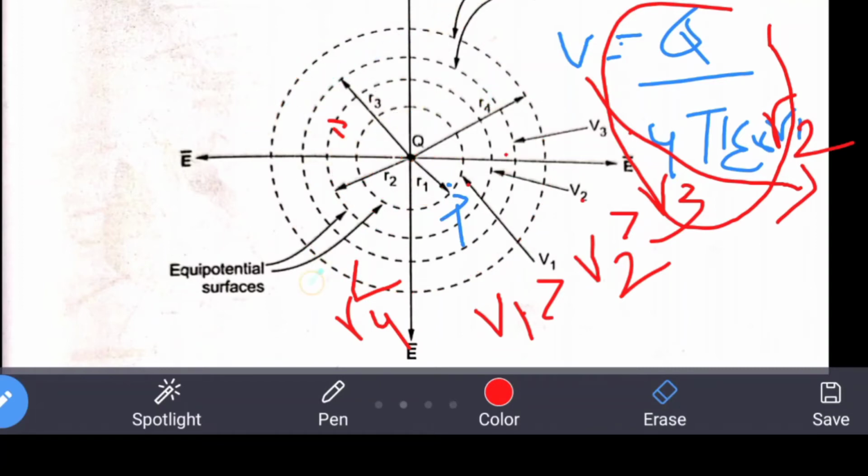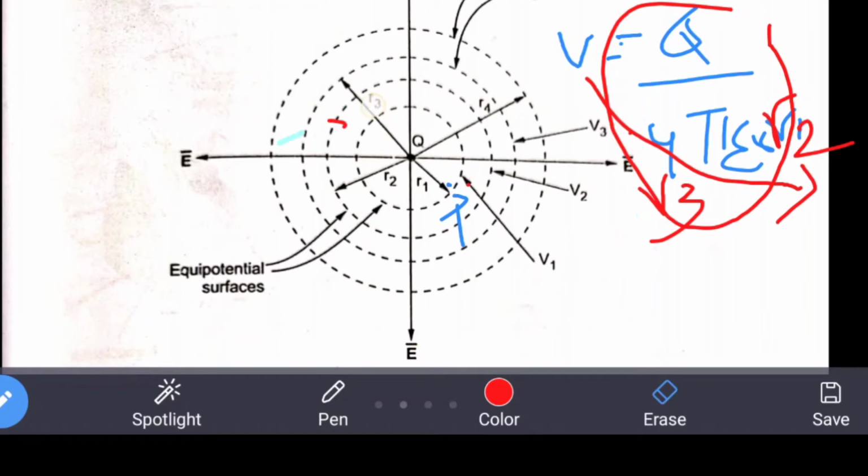Similarly, if you consider distance R2, then V is Q by 4 pi epsilon naught R2. As the distance increases, potential reduces because V is inversely proportional to distance. If you join all the points with the same distance R1 or R2 or R3, then a potential surface will be obtained that is known as equipotential surface.